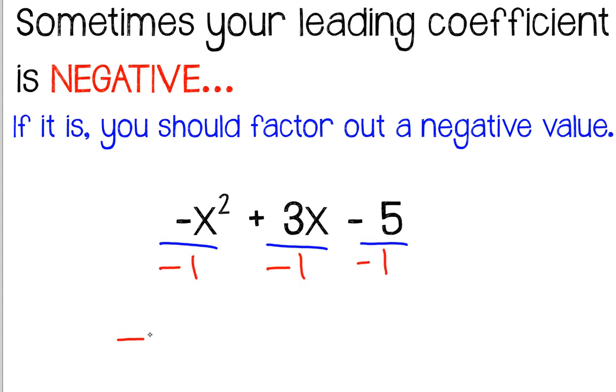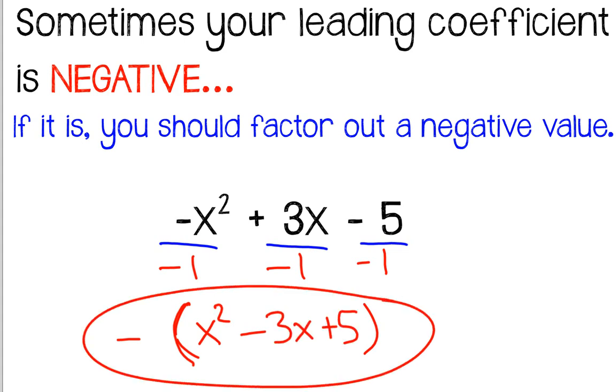Now you can actually write the digit 1 when you're factoring, or you can leave the 1 invisible and just write the negative sign. But the result when dividing by a negative 1 is that all the terms will remain the same, but all of their signs will change. So now I have a negative 3x and a positive 5. Again, the 1 here is optional.